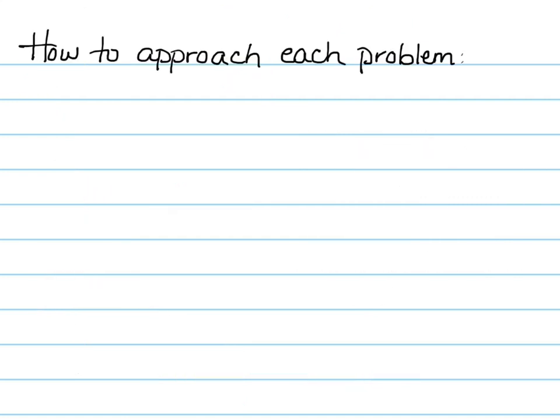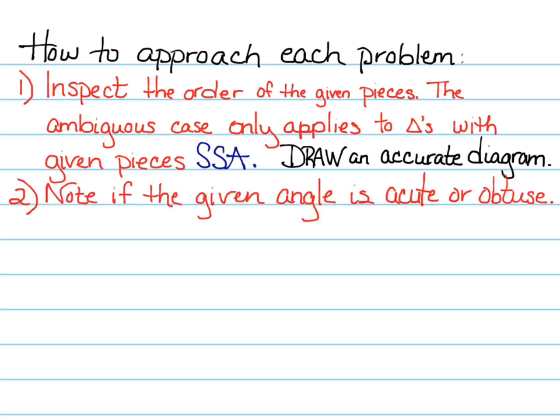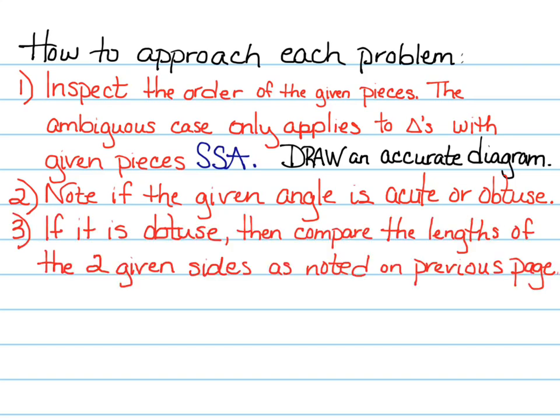So to wrap this up, how do we approach each problem? Well, first of all, you want to inspect the order of the given pieces. The ambiguous case only applies to triangles with given pieces side-side angle. Draw an accurate diagram. That's crucial. Note if the given angle is acute or obtuse, and if it is obtuse, then compare the lengths of the two given sides as noted on the previous page.